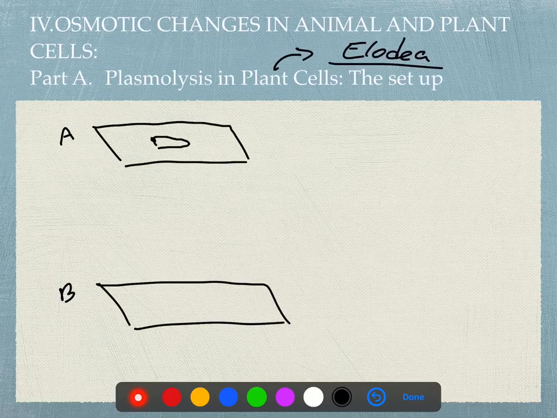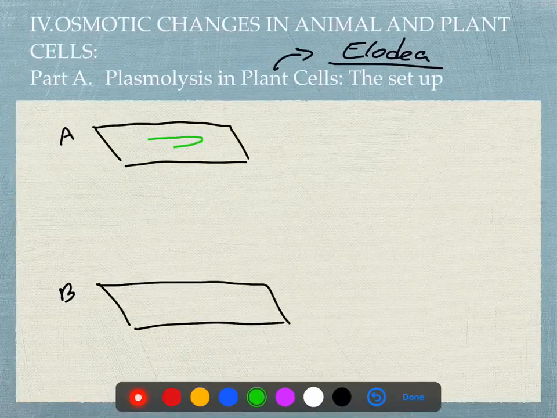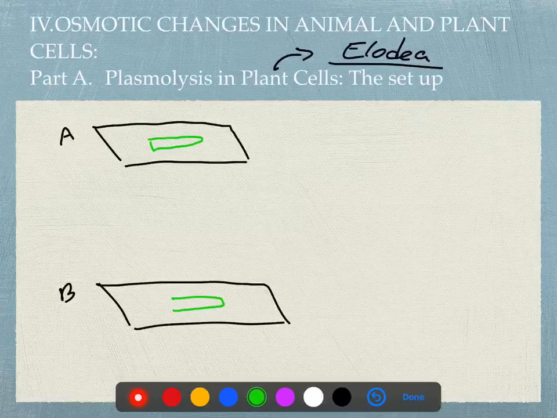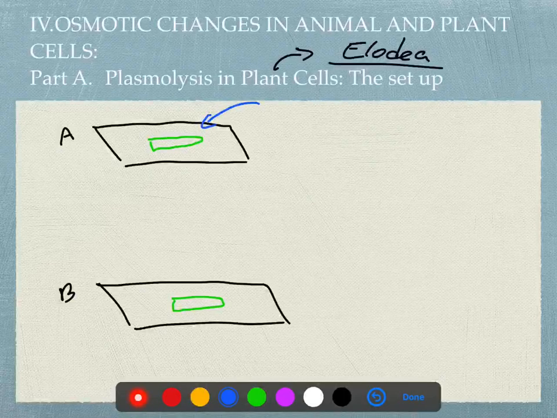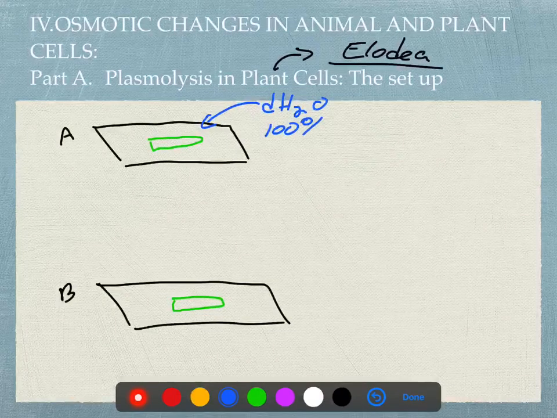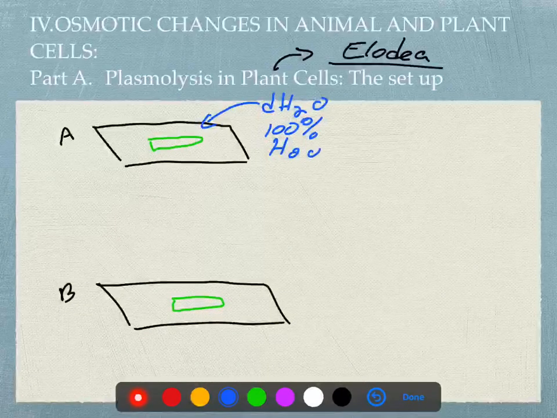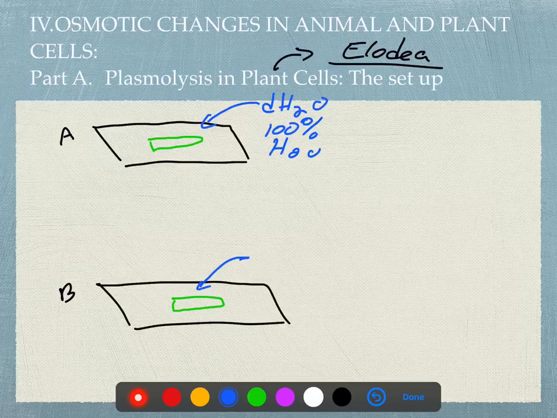and you would have taken a small leaf of Elodea. Oh, maybe I should make that green, right? All right, so here's my Elodea, and I'm going to put one leaf on each slide. And then on this one, I'm going to add a drop of deionized water, which is, again, I'll remind you, 100% water.